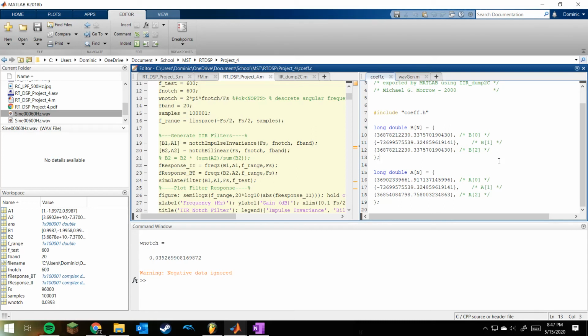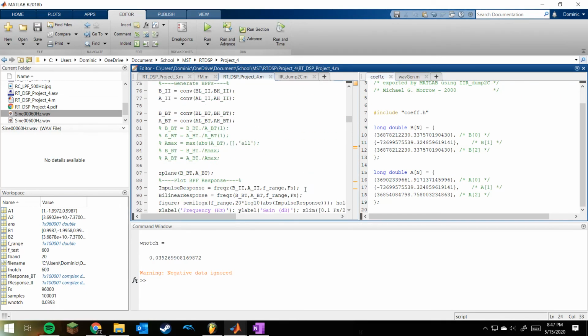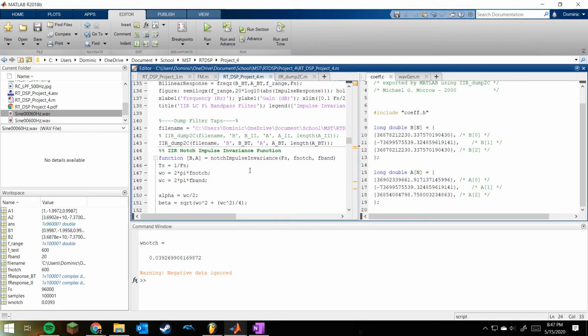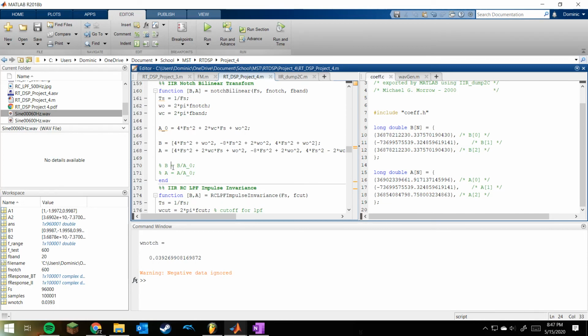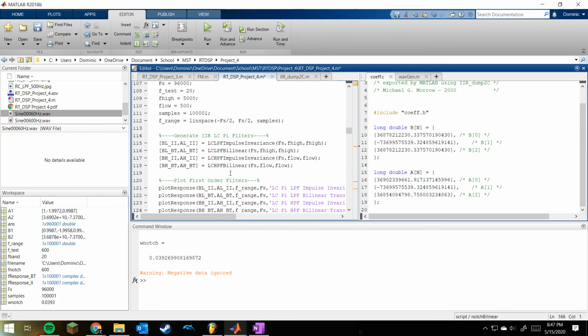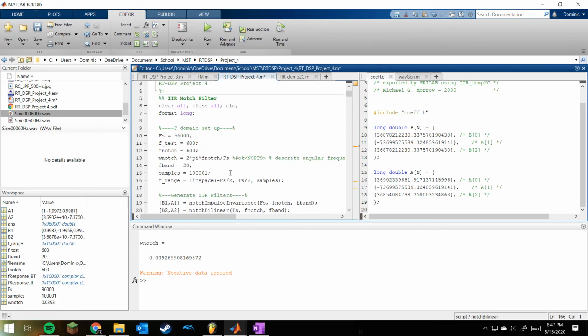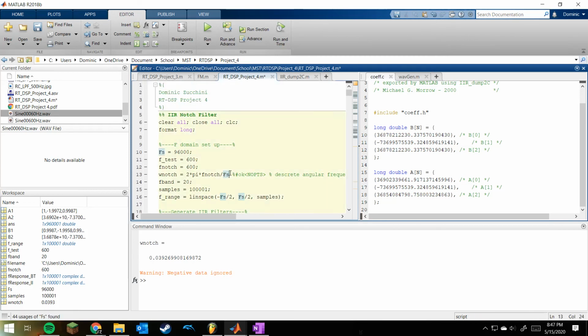But for now, let's go ahead and fix this bilinear transform notch filter because it's broken right now. We don't like that. So in order to fix it, do this little division. It's pretty handy dandy. Let's run our code.